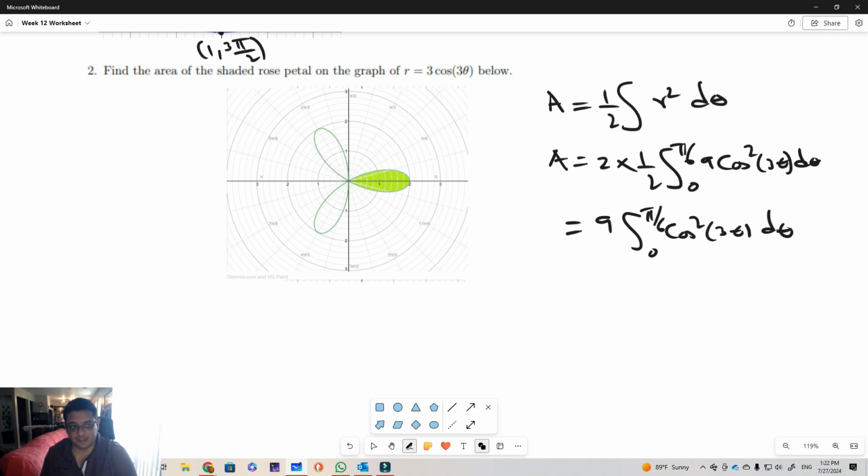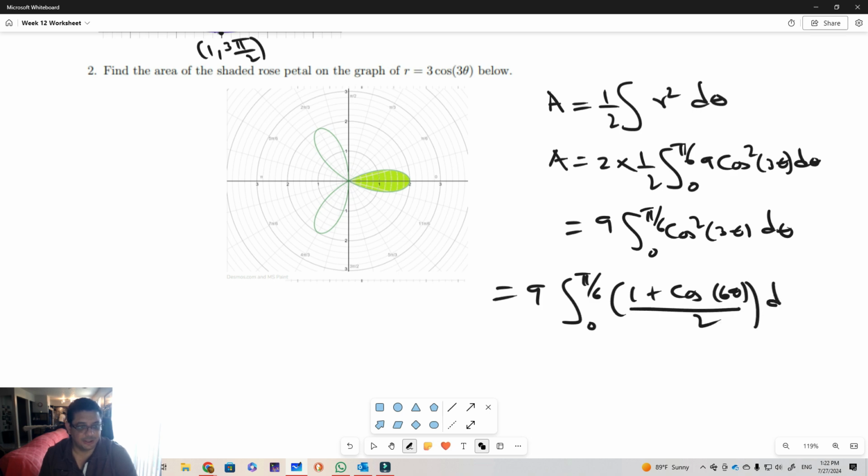Now to complete this integral, I gotta use the double angle identity formula for cosine squared. And so I can see this as 9 times, in this integral here, it can be replaced by 1 plus cosine of 6 theta over 2, dθ.